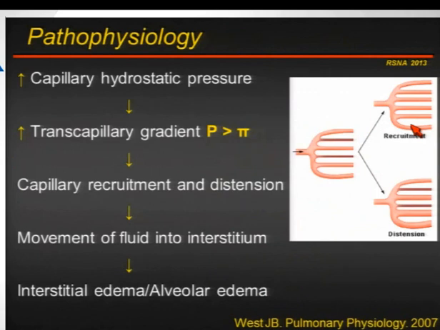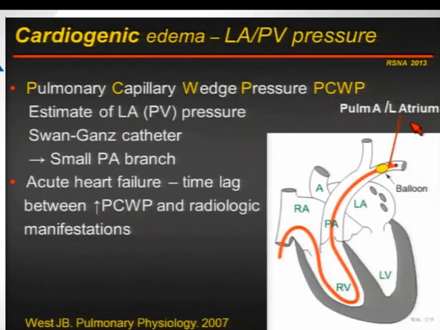As a response to the increase in the transcapillary gradient, there is capillary recruitment and distension in an attempt to compensate for this increase in the gradient. And when this recruitment and distension are exhausted, then the movement of fluid into the interstitium starts, with interstitial and subsequently alveolar edema developing.